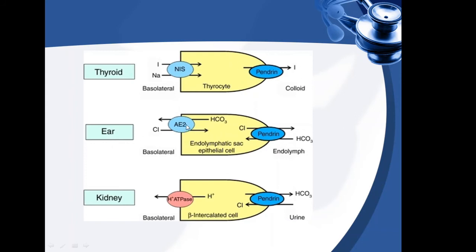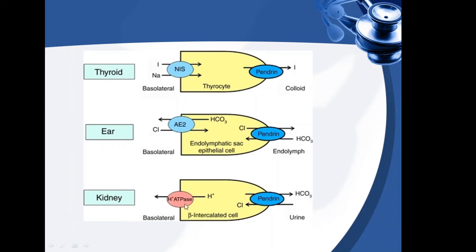In the ear, you have another transport system called the AE2, where chloride is antiported for bicarbonate ion, and the chloride and bicarbonate is again antiported by the pendrin into the endolymph liquid. Third is in the kidney.